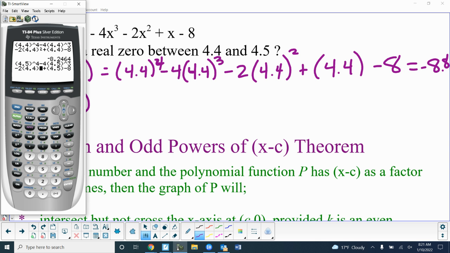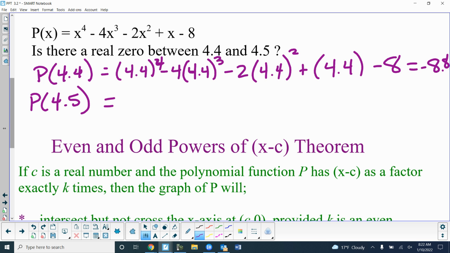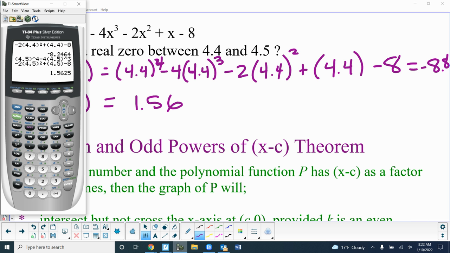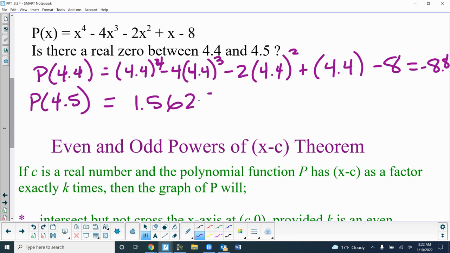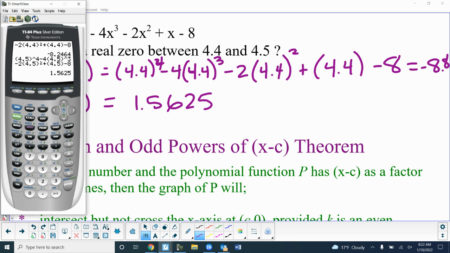Maybe you guys are quicker than me. Second enter, and it pops back up. And then I get 1.56, whatever that was. So negative 8, not 8, but 8.24.